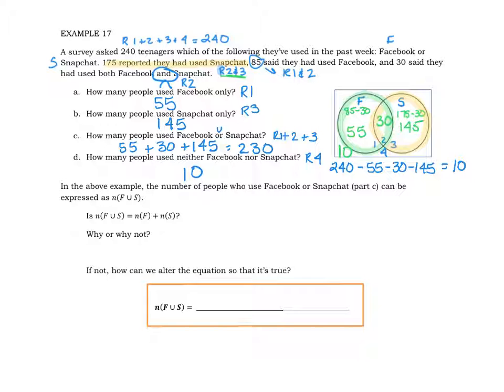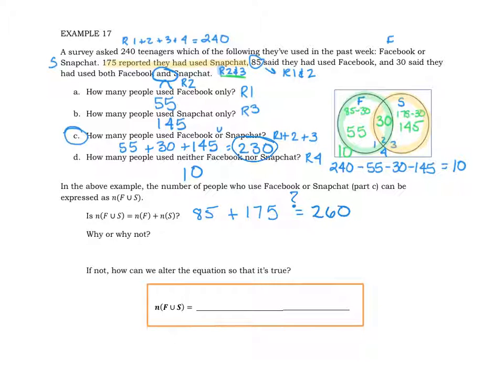We already figured out Facebook or Snapchat was 230. If we added Facebook and Snapchat, that would give us 260. Is that what we got? No, we said it was supposed to be 230.